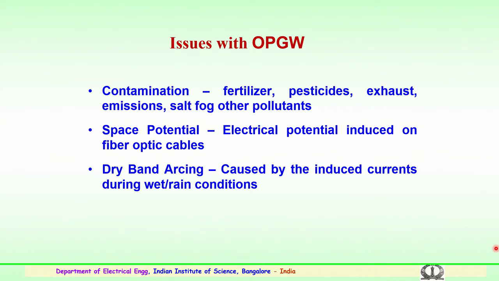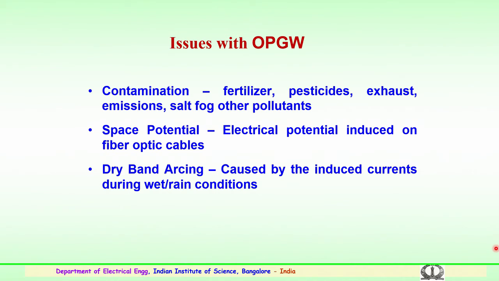Here on the conductor surface the contaminants spread over a period of time because of several activities, and because of the wet conditions the uneven distribution of the pollutants on the surface could lead to a current which flows because of the induced effect.